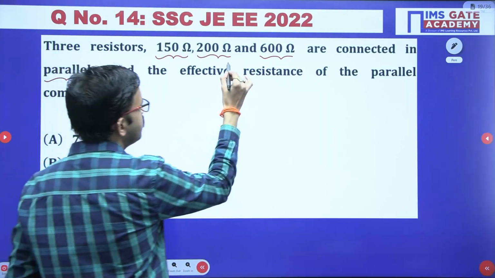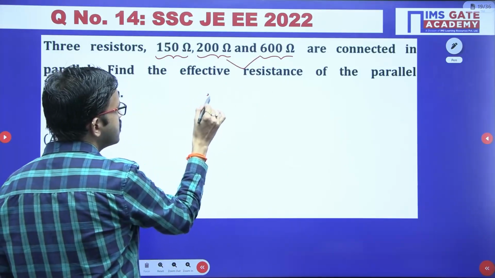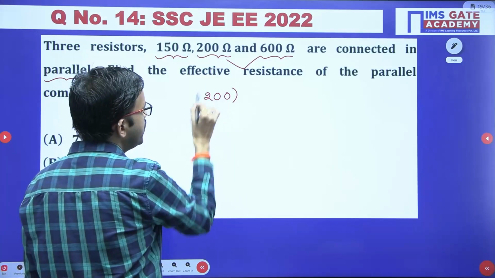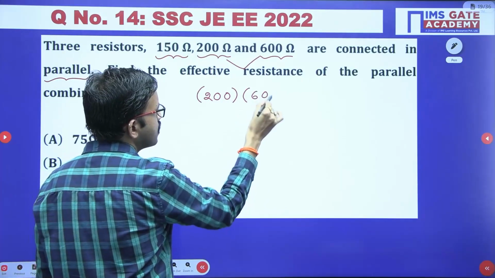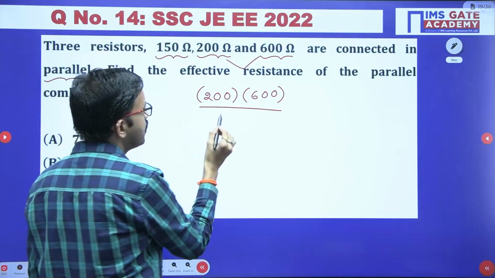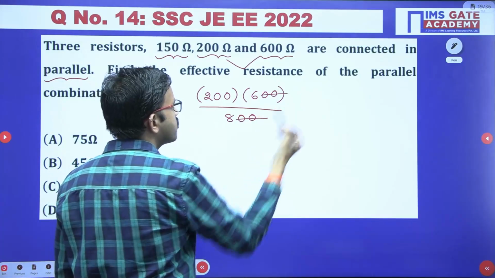First, consider the 200 ohm and 600 ohm resistors. Both are parallel, right? So 200 into 600 divided by 200 plus 600, that is R1 R2 divided by R1 plus R2. Direct step, I am writing 800. Here 2 zeros will get cancelled.